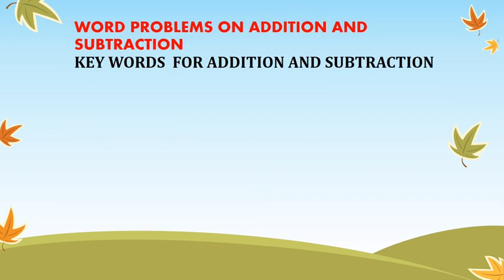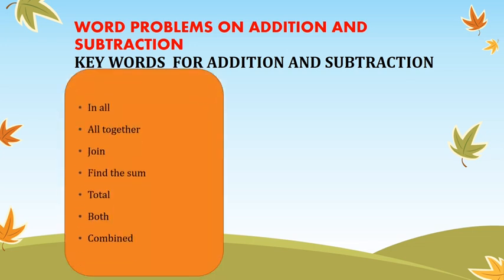Keywords for addition and subtraction. Here you will see that a chart is given, a table is made, and this table is showing you the keywords for addition. So what keywords are there? If you find in all in the word problem, you understand this question is asking me to add. Yes, how many were there in all, or how many altogether?